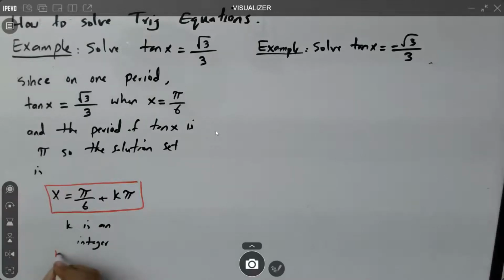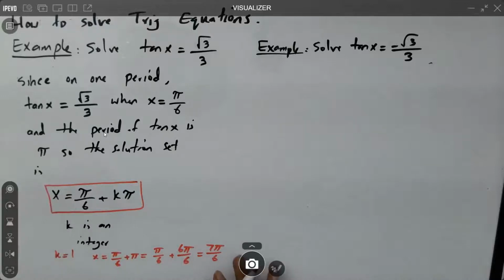If k is equal to 0, x is pi over 6. If k is equal to 1, well, let's see. You get pi over 6 plus 1 pi, or pi, which is pi over 6 plus 6 pi over 6, which is 7 pi over 6, and we just verified that on the graph.